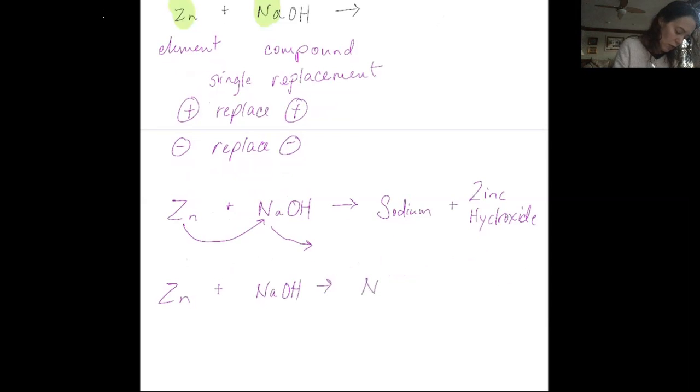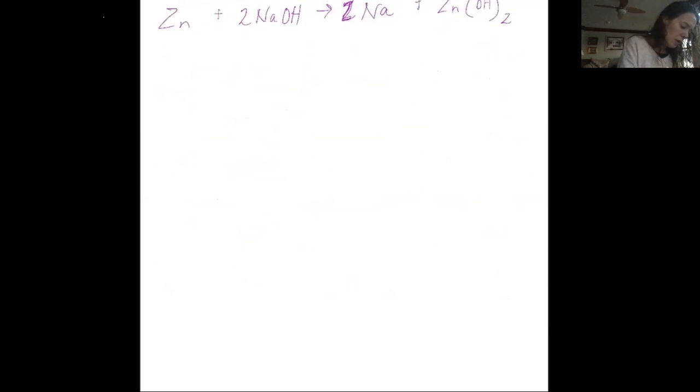So sodium moved out, and now zinc is with hydroxide. Well, zinc is a 2 plus, hydroxide is a -1, so that would make Zn(OH)2. And since we have the 2 OHs produced, we need a 2 here, and then we would need 2 sodiums here.